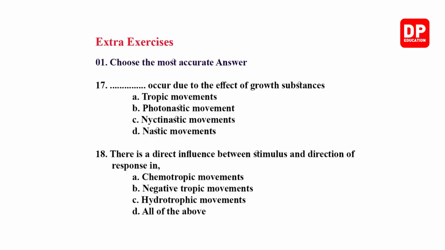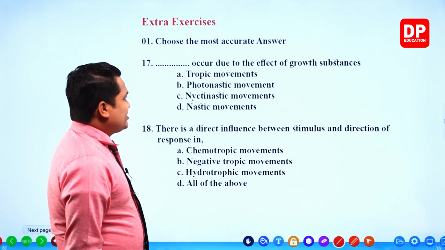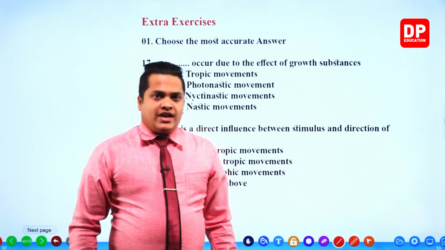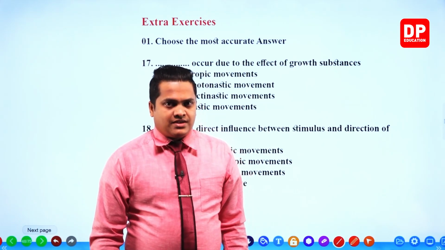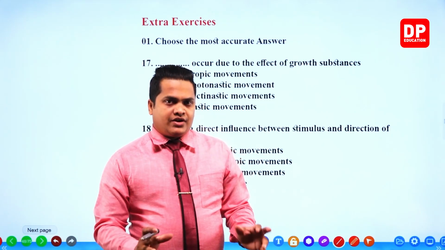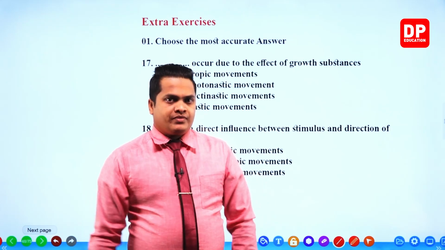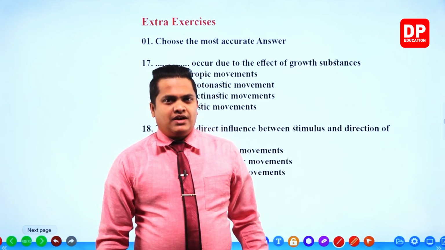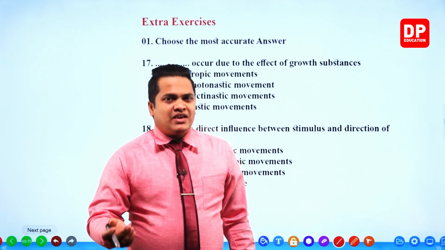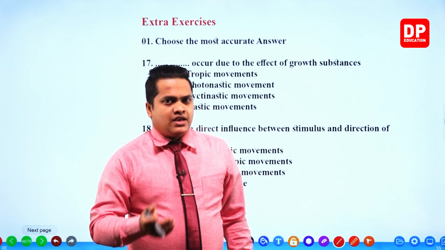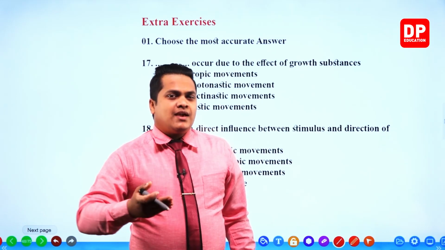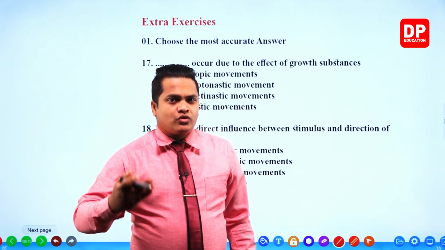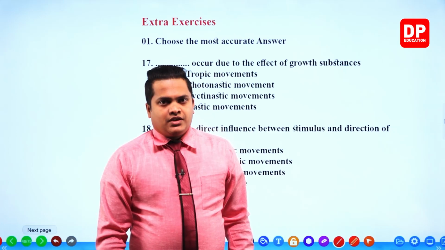Right then. Blank occur due to the effect of growth substances. So it's very simple, my dear children. We know that due to the effect of growth substances, a part of a plant is going to grow. If you take the apex of the plant, it is growing mainly because of the growth substances, and always we know that the apex of the plant is going to grow towards the light.